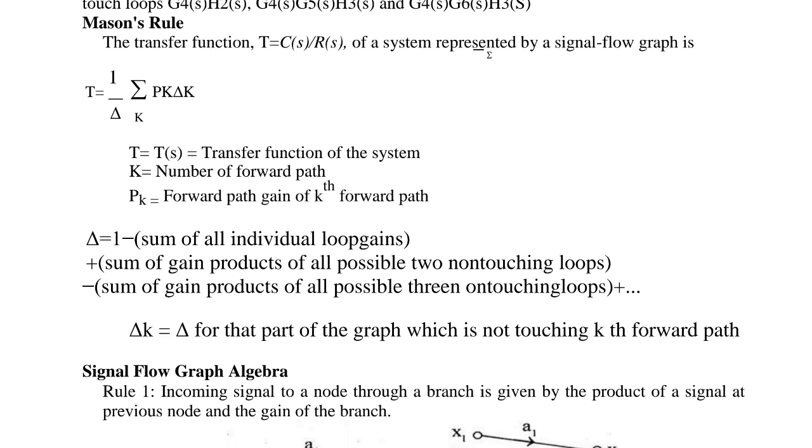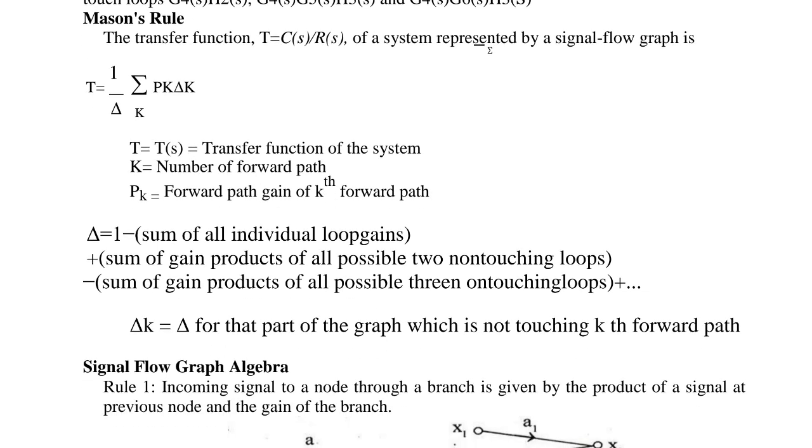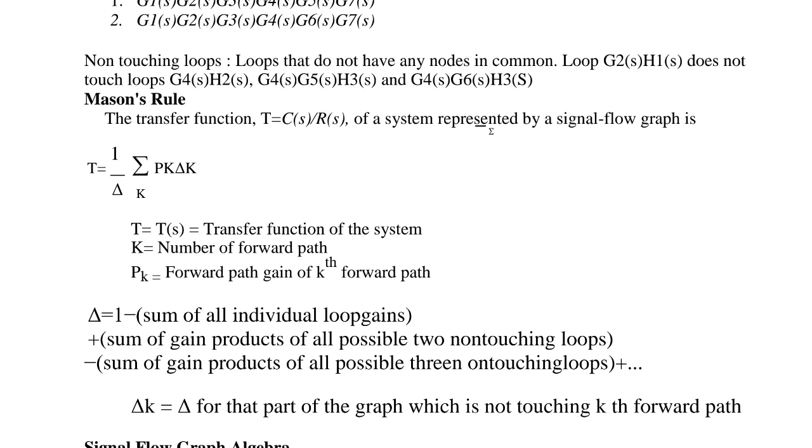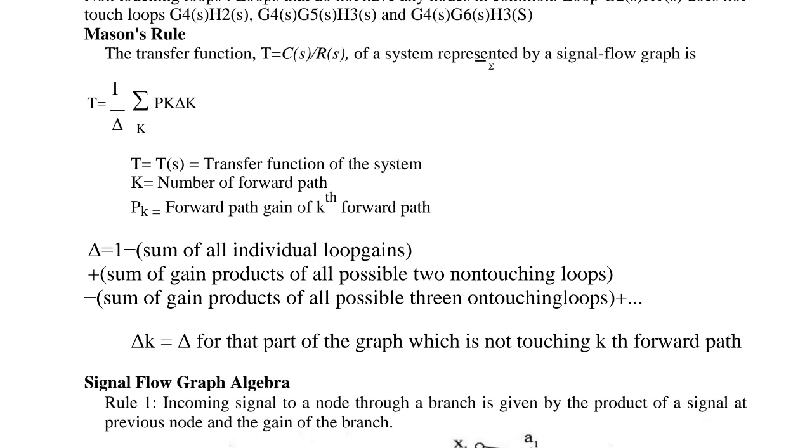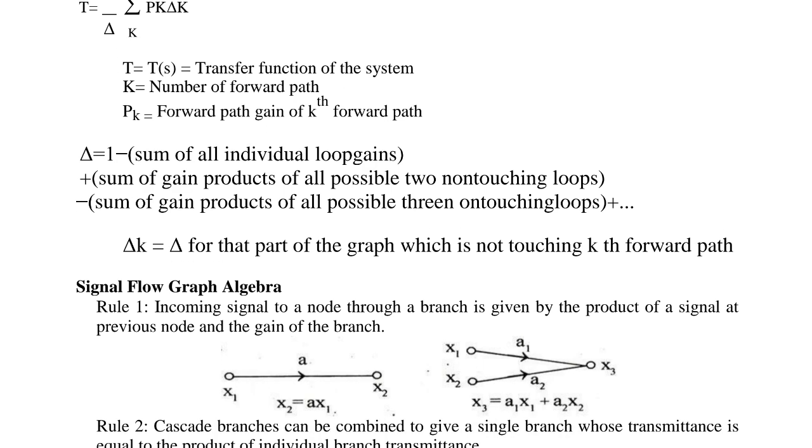The next thing is you should know the forward paths, based on which you can calculate the summation of P k into del k. In our example, we have two forward paths, so we write P1 del 1 plus P2 del 2. To calculate the del k value, you need to find the part of the graph which is non-touching with the k-th forward path.